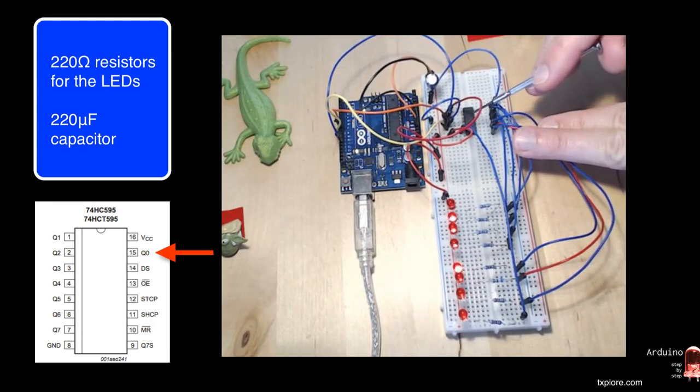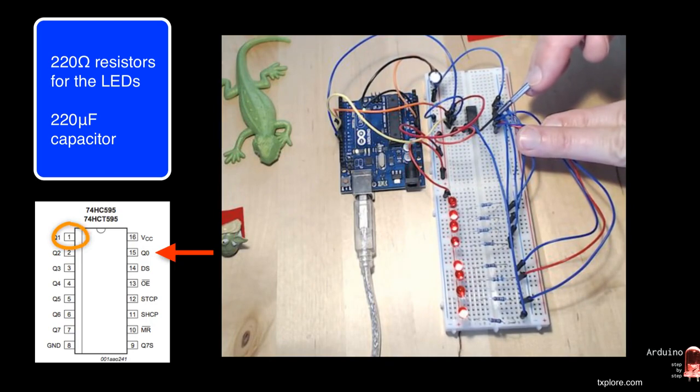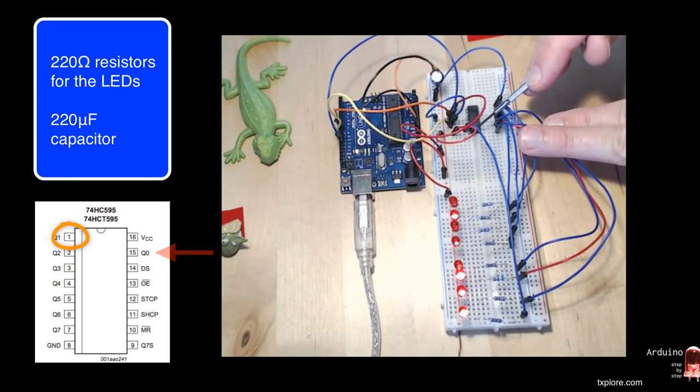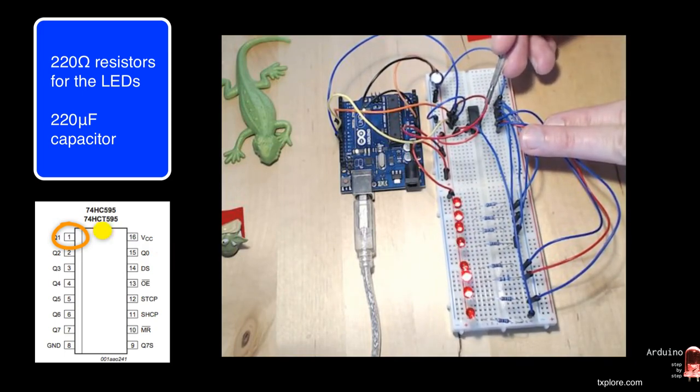Just notice that with integrated circuits, pin number 1 is always on the left side of the edge that has that little dip in its package, or the very top, the short corner of the package.